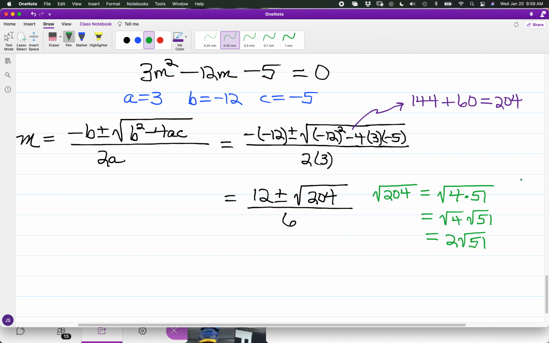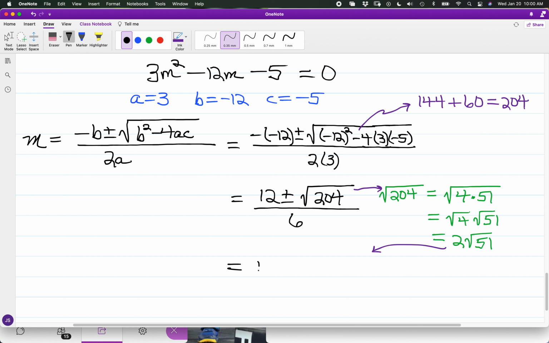Okay, so just taking what we have at this stage, we have 12 plus or minus 2 times the square root of 51 all over 6.